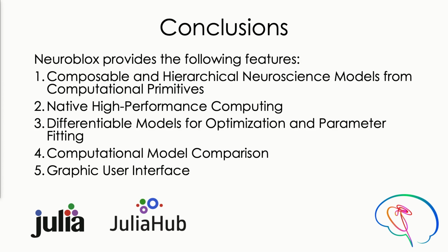I'm going to conclude by saying that we essentially have the following features. We are composable, hierarchical. We can build neuroscience models from computational primitives. We have a native high-performance computing language. I mean, Julia, by the way, I didn't say this. Julia is about 10 years old. It was developed here at MIT in the math and computer science department.